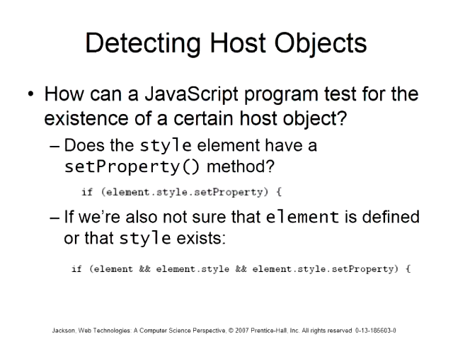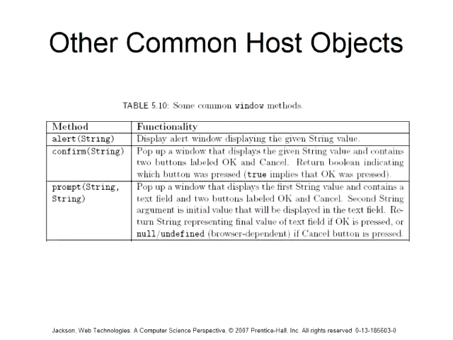So detecting host objects: how can a JavaScript program test for the existence of a certain host object? Does the style element have a setProperty method? For example, if element and element.style and element.style.setProperty.